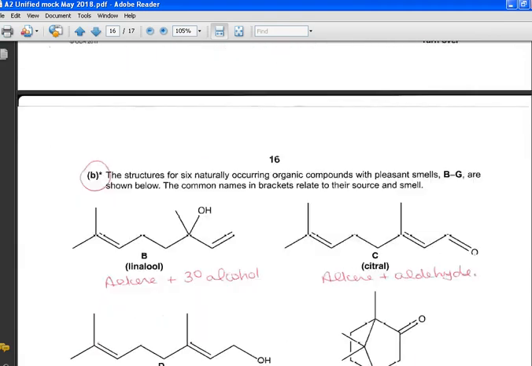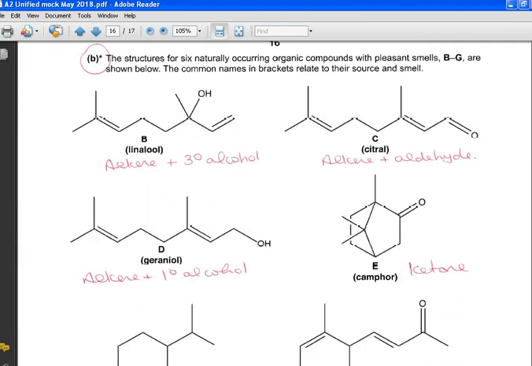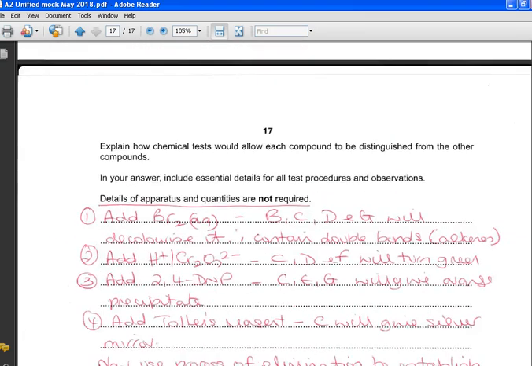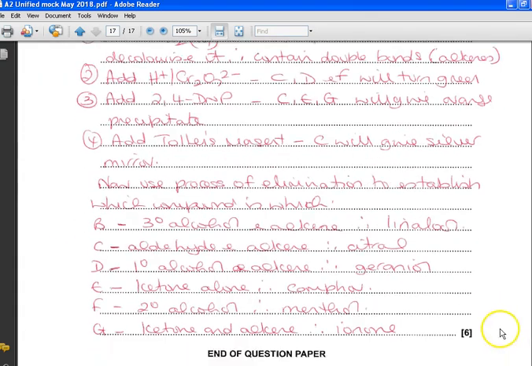So C, E, and G. So we've got the aldehyde, the ketone, and the ketone. We've got 2 ketones, haven't we? So we'll get an orange precipitate, and then we need to establish which one is the aldehyde and which ones are the ketones, and if we add Tollens' reagent, we'll get a silver mirror.